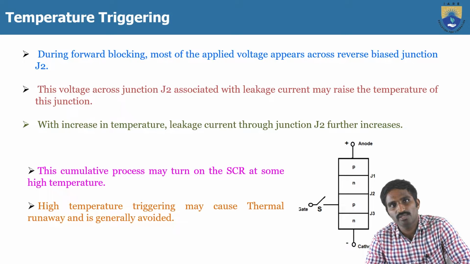Like that, at a particular temperature, this cumulative process may turn on the SCR at some high temperature. So this is also not a desirable method, because high temperature triggering may cause thermal runaway, which means that because of the high temperature, the device may fail. That's why temperature triggering is also not advisable to turn on the thyristor.